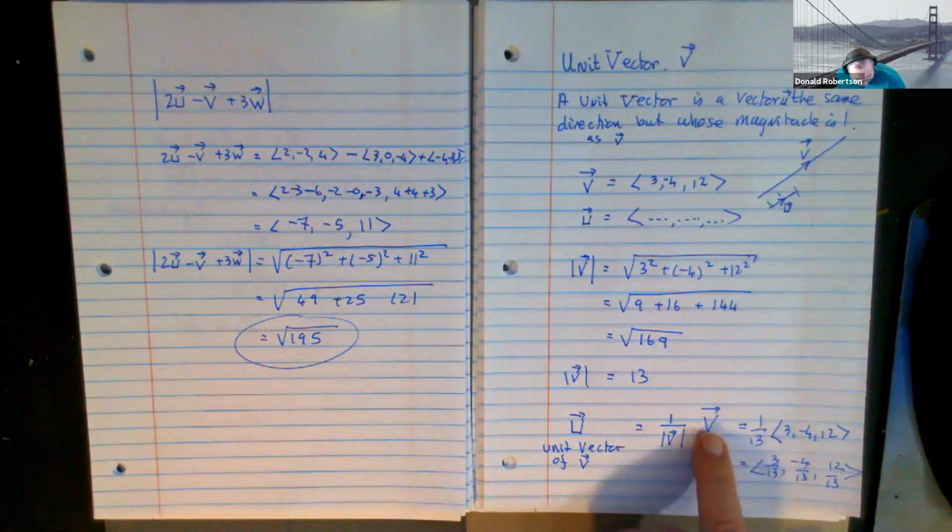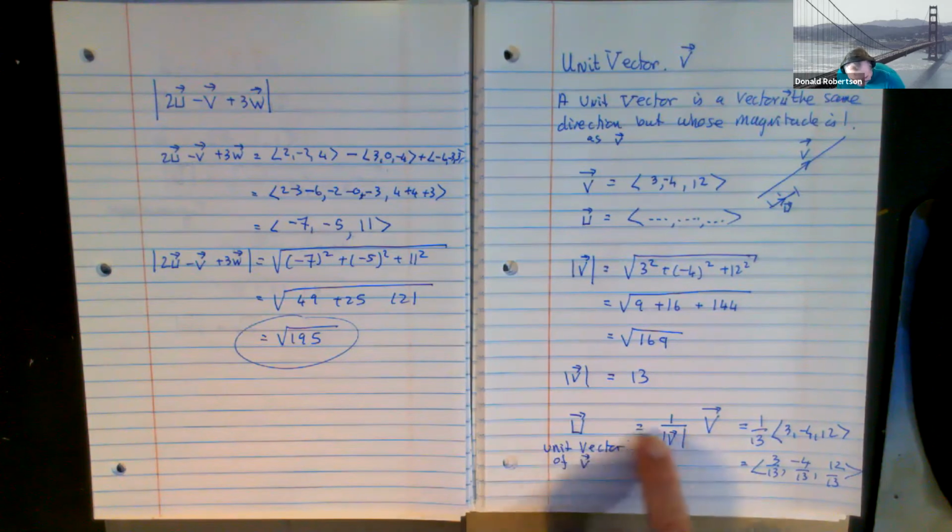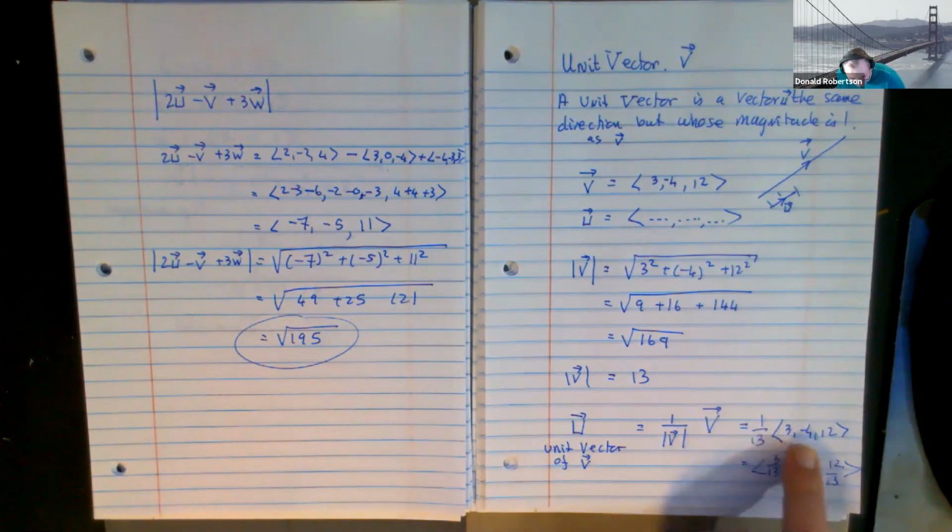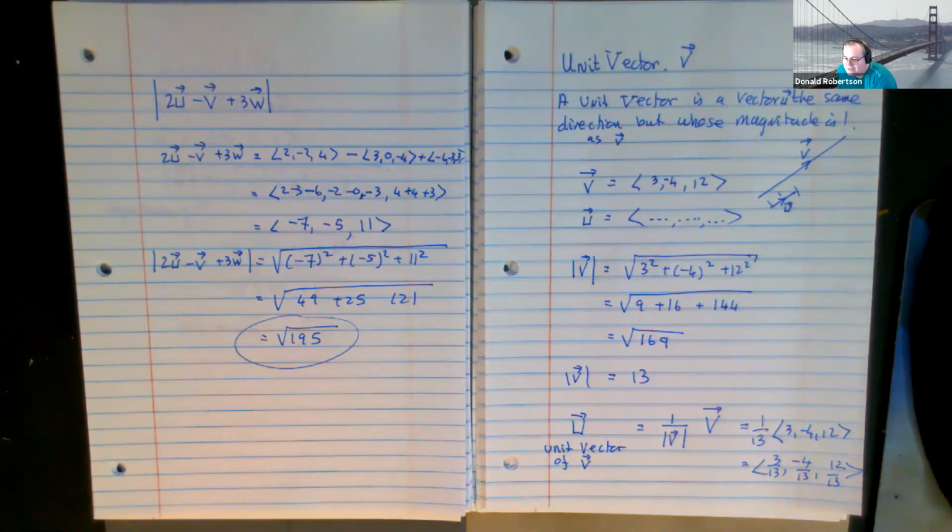Since this vector u is a scalar multiple of this, doesn't it mean it's going in the same direction? If you multiply a vector by 2, it's still the same direction, it's just 2 times bigger. And if you multiply it by a half, isn't it the same direction, but half the size? Well, in this case, I'm making it 1/13 the size.